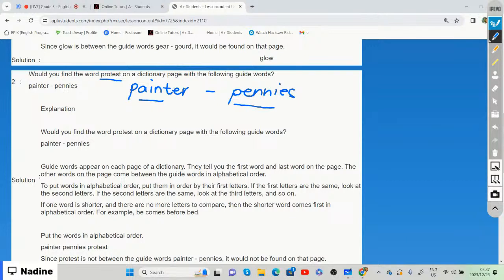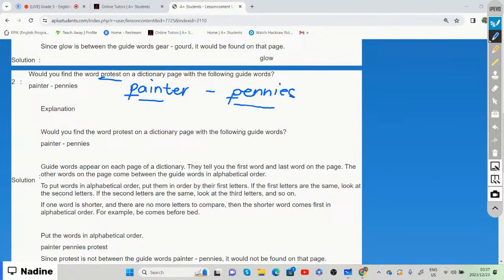Remember, we said that your guide words are the first word as well as the last word on the page, and then all the other words are in between the guide words in alphabetical order. So protest, do you think that it will be between painter and pennies? If we were to put these words in alphabetical order, remember the P stays the same.